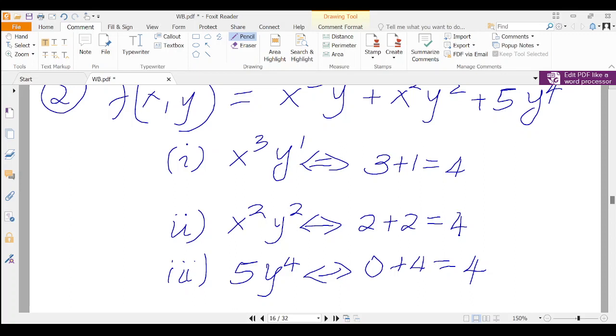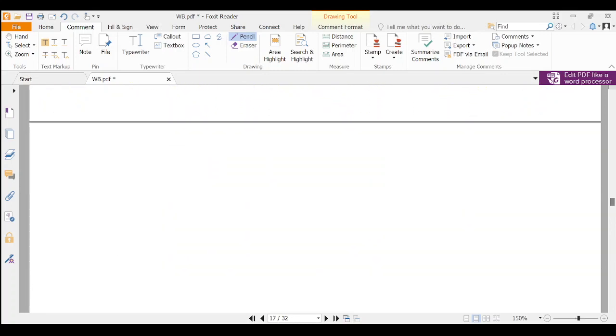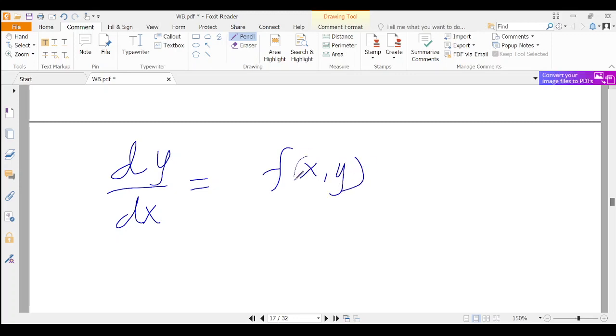So now we want to consider a special class of differential equations which can be expressed in the form dy/dx = f(x,y)/g(x,y), where the function f is homogeneous, the function g is also homogeneous, and the degree of the two functions is the same.